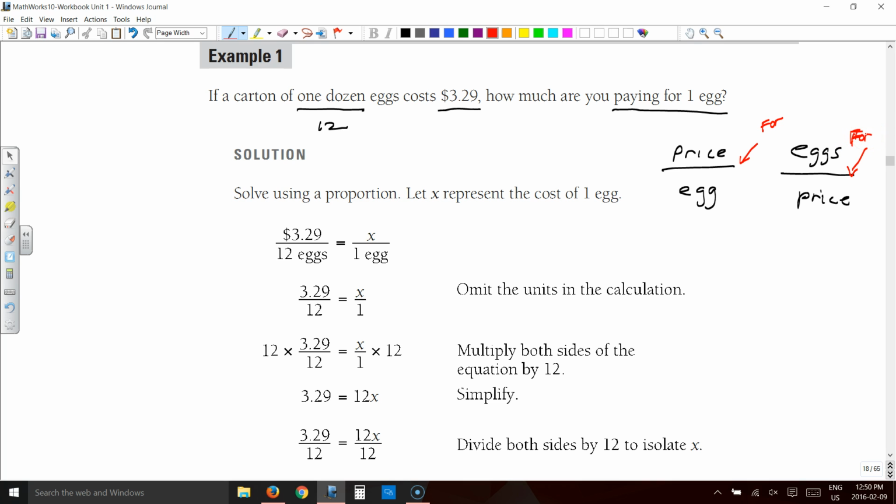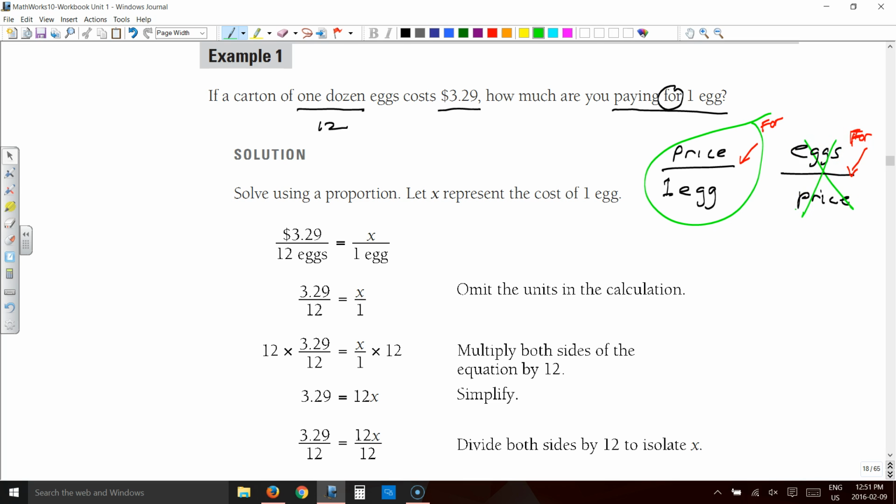So let's see how this works. This says price for egg, or even more specifically, price for 1 egg. And this one says eggs for a certain price. And I think if you look at this, we're looking for how much you're paying for 1 egg. So this is the way we want to set up our question right here, not like this.